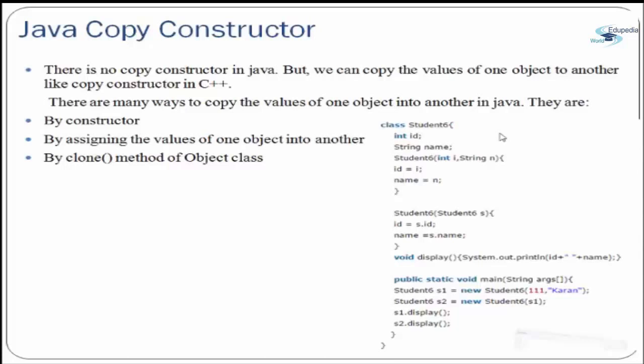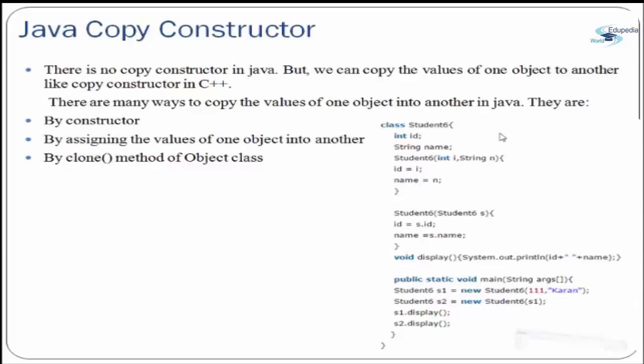Then we also have another constructor Student6 that takes as a parameter an object of the class Student6. So the parameter in this constructor is an object of Student6 itself. When we get this object, we initialize id and name again, but by taking s.id and s.name. So we are accessing id and name from this object and initializing this id and name.